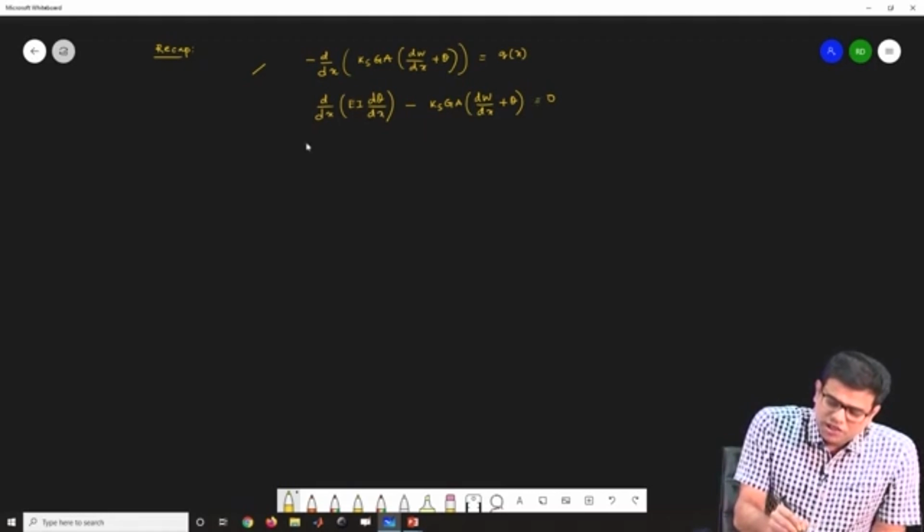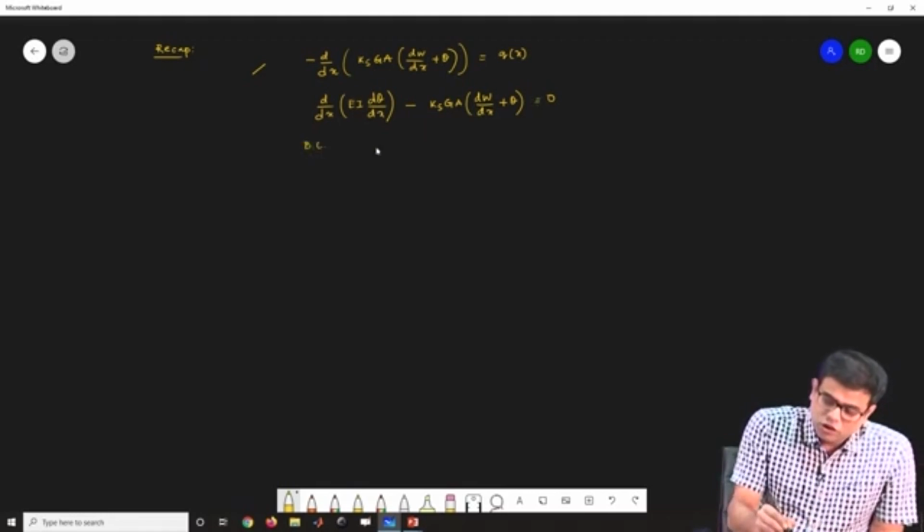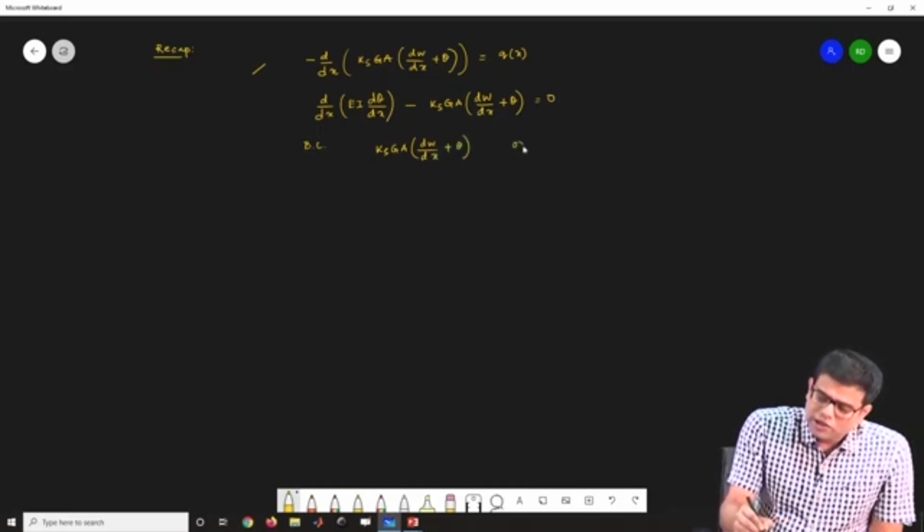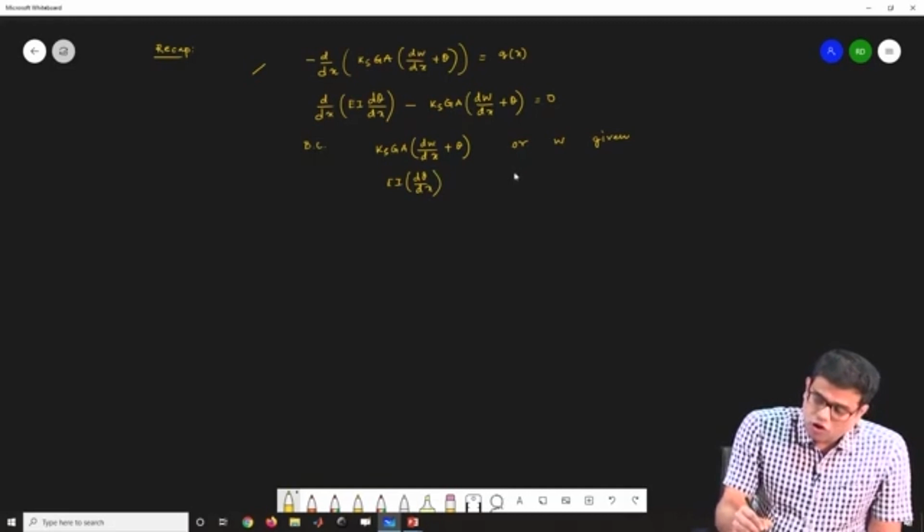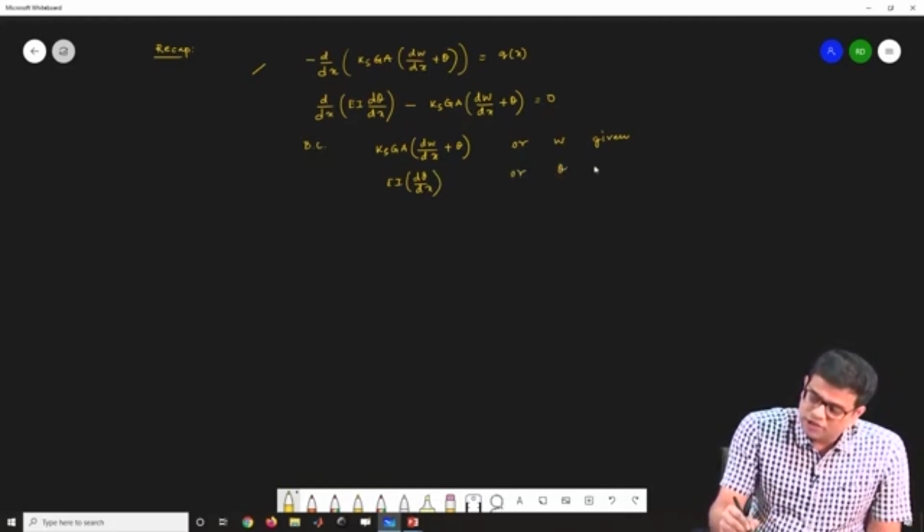And the boundary conditions, that we all know, are ksGA into (dw/dx plus theta), or w has to be given, and EI d theta/dx, that is moment, or slope, has to be given.